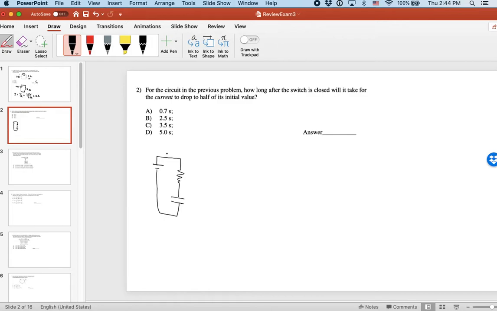So we're going to use a method where we're using ratios. So we're going to say Imax, the maximum value of the current, divided by I, the value that we have when it's 50%, is equal to 50%, so 0.5.